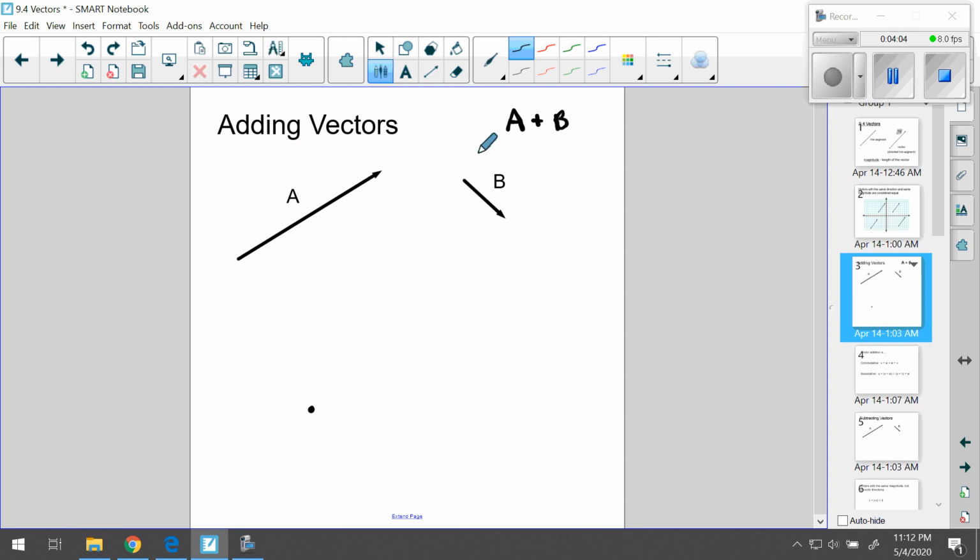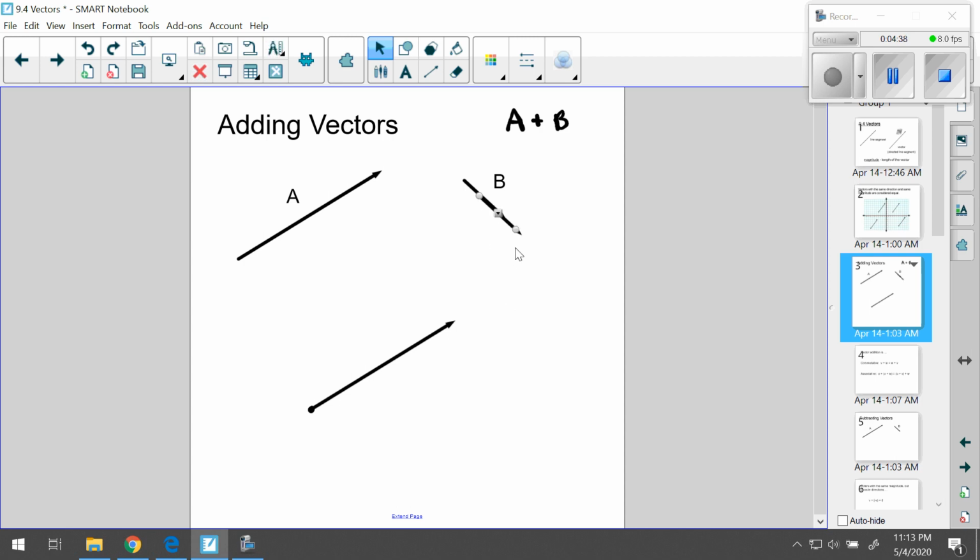If we're starting with A, we're going to head off in the direction of A and in the same length of A. I'm going to start at the point that I designated and head off in the direction of A. Then when I add B, we start where A leaves off. If I call this the tail of A and the head of A, the head of A becomes the tail of B, so to speak.